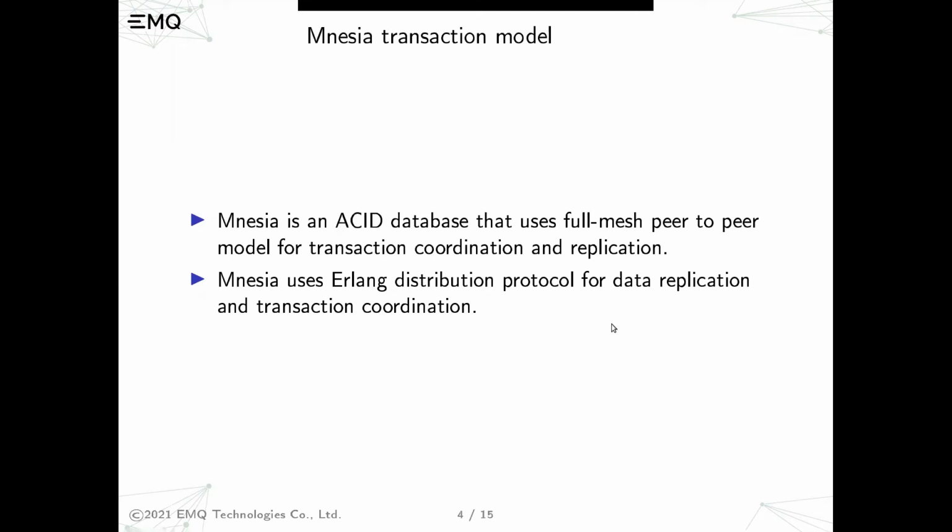Mnesia is an ACID database that uses a full mesh peer-to-peer model for transaction replication. It uses a variation of two-phase commit to synchronize the transactions. Mnesia uses the Erlang distribution protocol for data replication and transaction coordination.